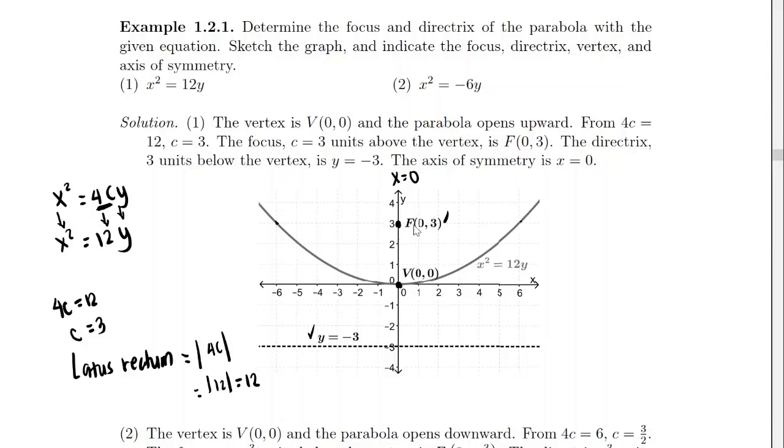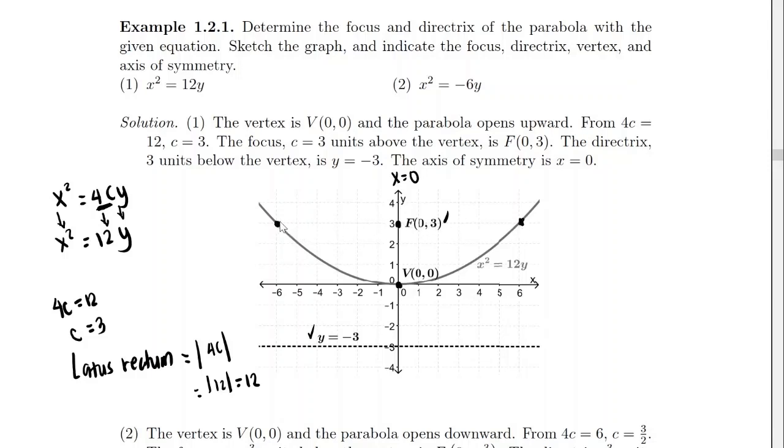So we should have 6 units to the right and 6 units to the left, since we have 12 units all in all. From the focus, we have 1, 2, 3, 4, 5, 6 units. And to the other side, 1, 2, 3, 4, 5, 6 units, for a total of 12 units.